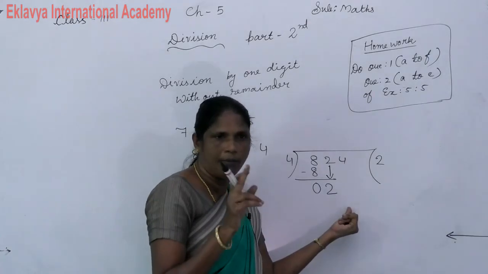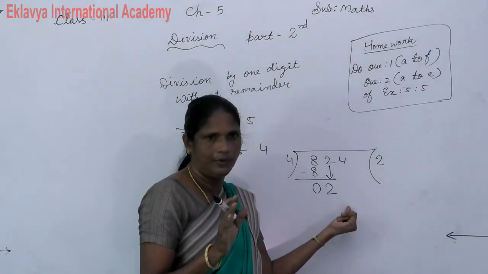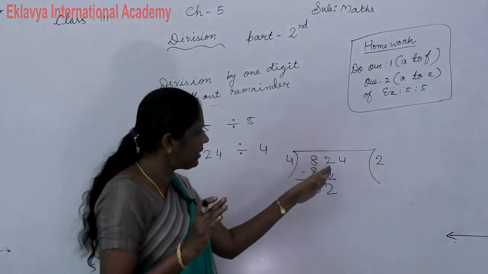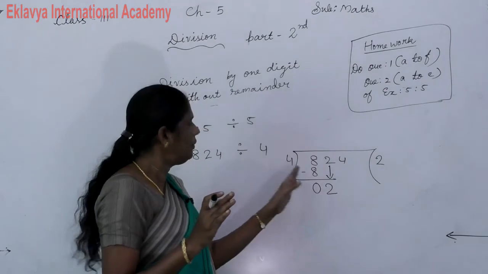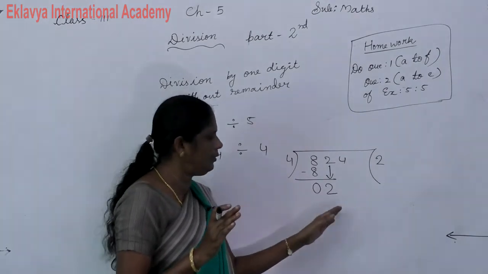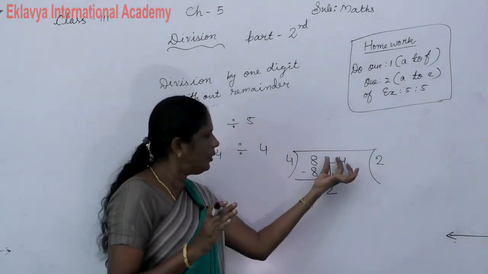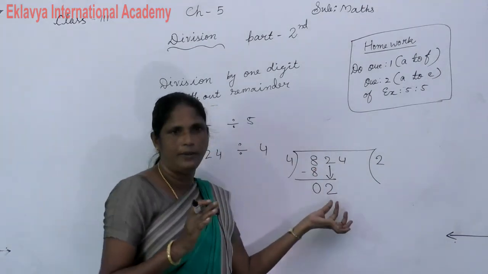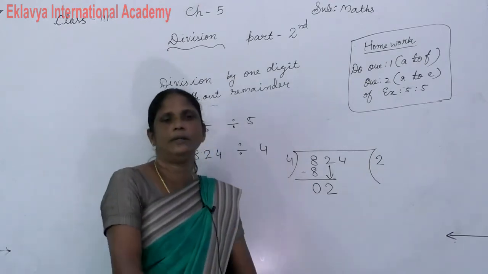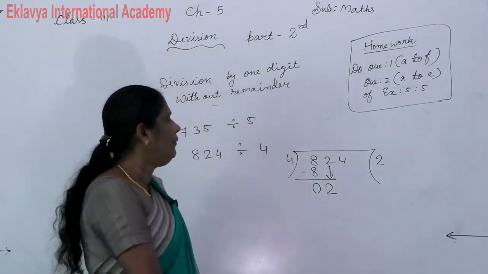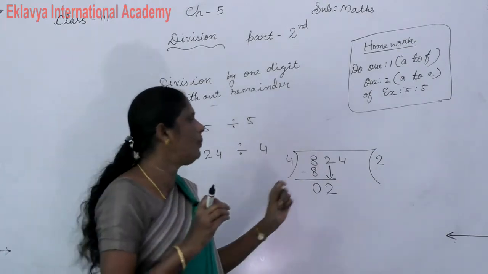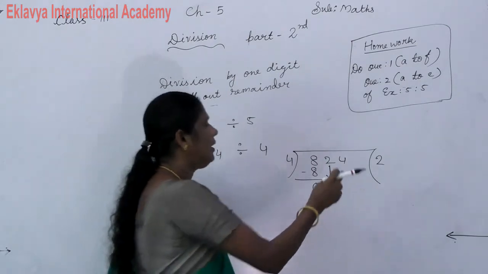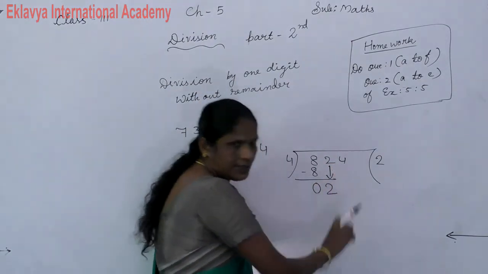One time one number comes downside. You clear it? Then this 4 is coming downside. If the number is smaller than 4, we put a 0 in the quotient, and then we can bring the 4 along with it.